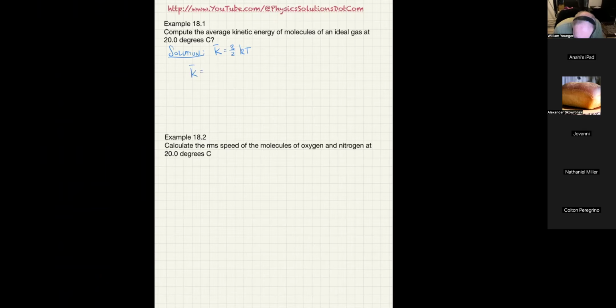So now I can go ahead and do that. I'm going to say the average kinetic energy is 3/2, which is 1.5, times the Boltzmann constant, which is 1.3806. Now, that's just habit. I memorized the Boltzmann constant a long time ago, and actually I memorized it as 1.3807. That's what I've had in my head forever. But most recent results show that it's actually a 6 in that digit. So anyways, 1.3806 times 10 to the negative 23rd joules per Kelvin.